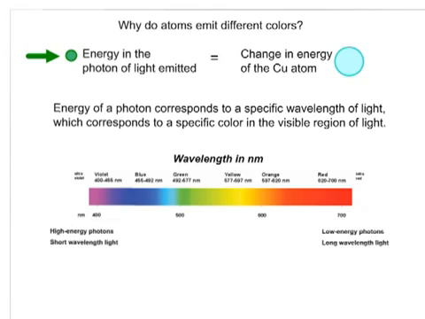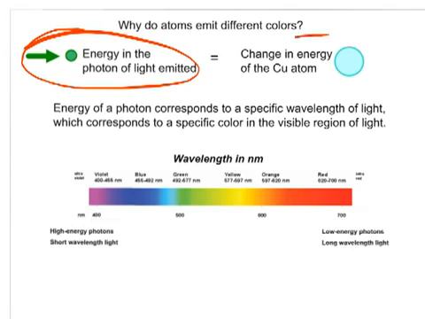If we look at our example here of the copper, the energy that was given off in that little photon of light by the copper atom, the energy in that photon is exactly equal to the change in energy of the copper atom. So as the electron went from a higher energy level down to a lower energy level, it lost a very specific amount of energy, an amount of energy that is exactly equal to the amount of energy in that little photon of light.